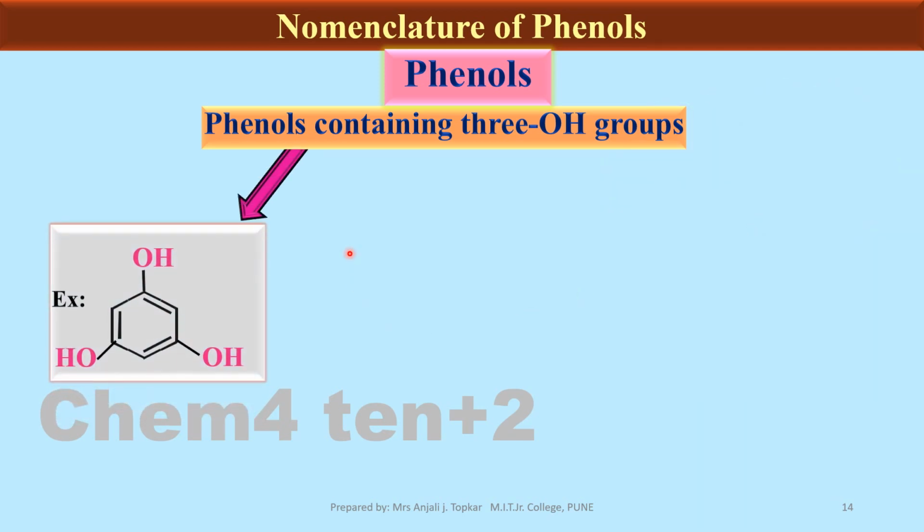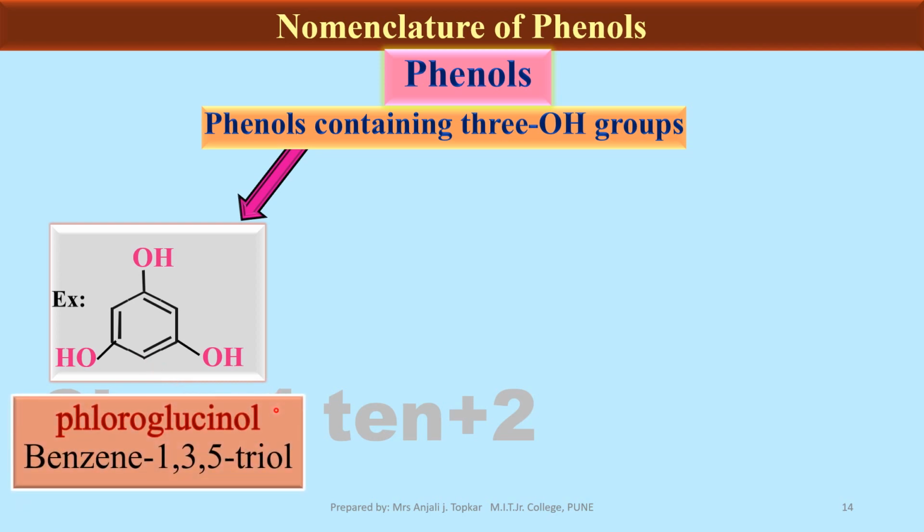Let's understand it with an example. In this example, we find there are 3 OH groups. The name of the compound is phloroglucinol. The IUPAC name is benzene 1,3,5-triol.